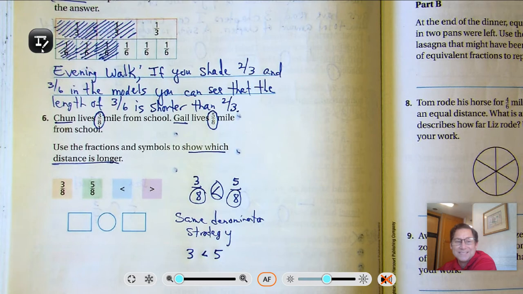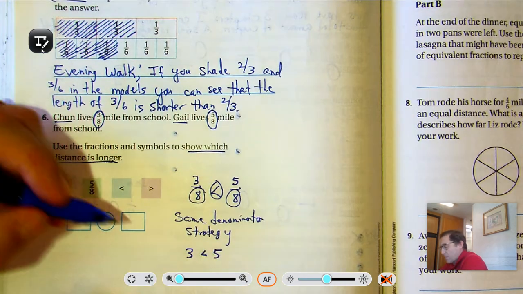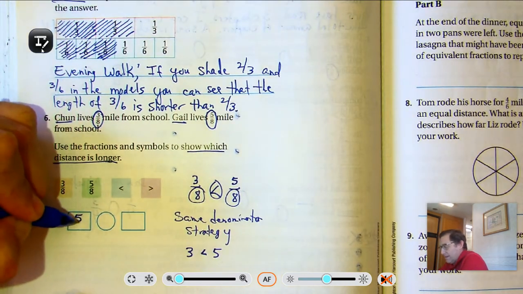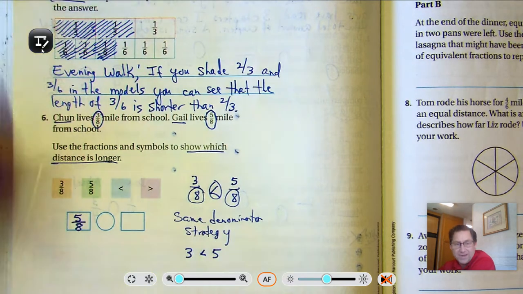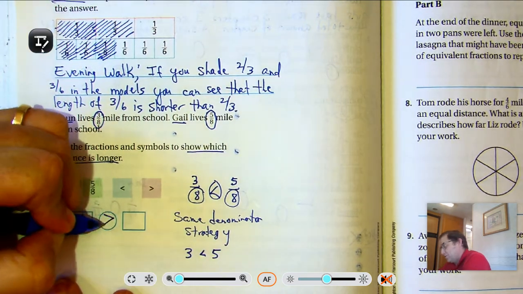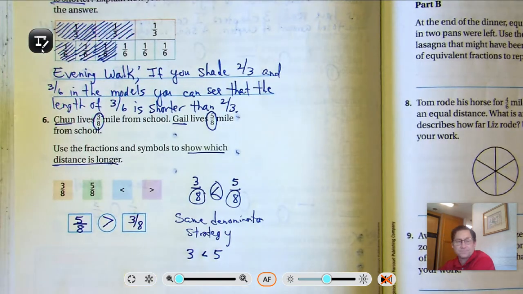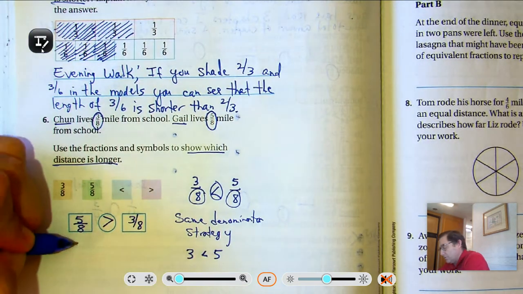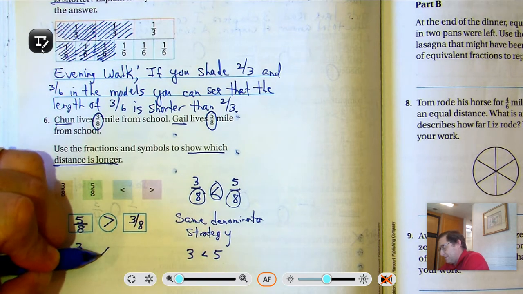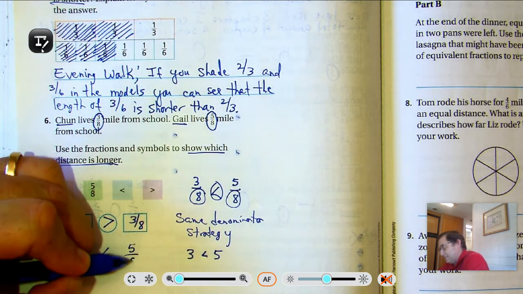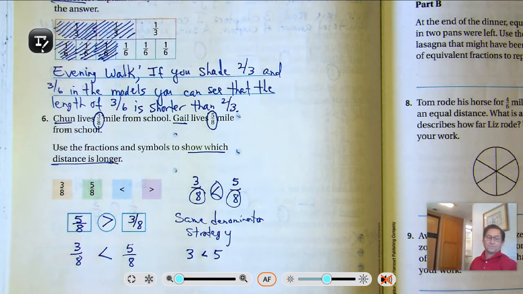So to show which distance is longer, there's a couple ways actually we could write this. So 5/8 is greater than 3/8. You could also say 3/8 is less than 5/8. Okay.